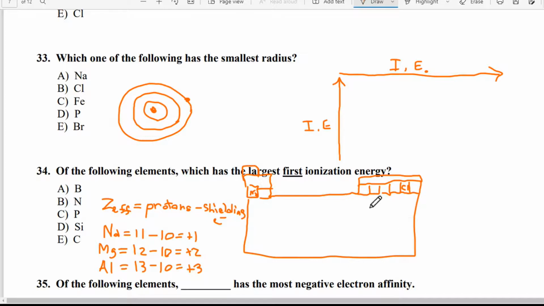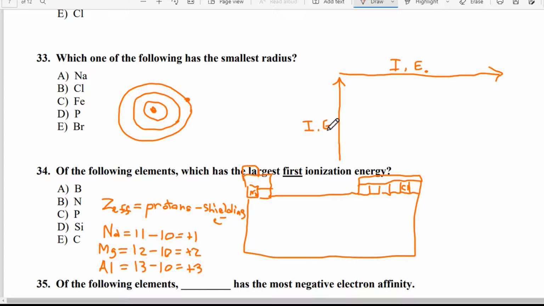The same thing is true with ionization energy. If something has a higher effective nuclear charge, is it going to be easier or harder to pull an electron away? Chlorine has an effective nuclear charge of 7, and sodium has an effective nuclear charge of 1.